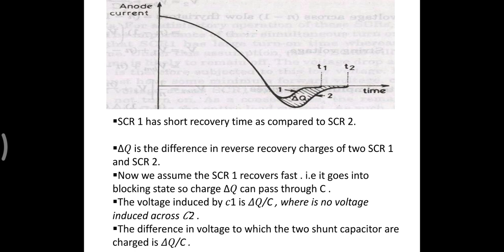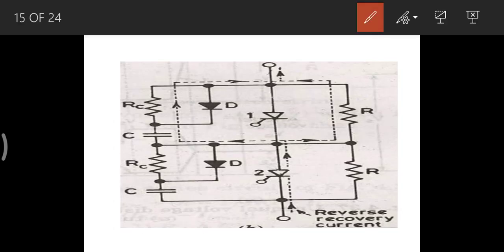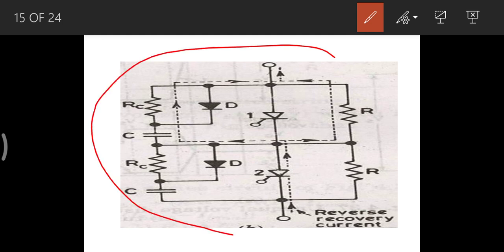See here, this is the circuit diagram we have to design for dynamic characteristic equalization. Here this resistor is placed for the equivalent circuit of the VI characteristics, that means static characteristics.